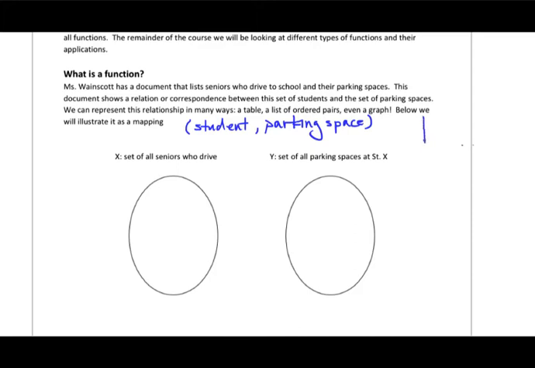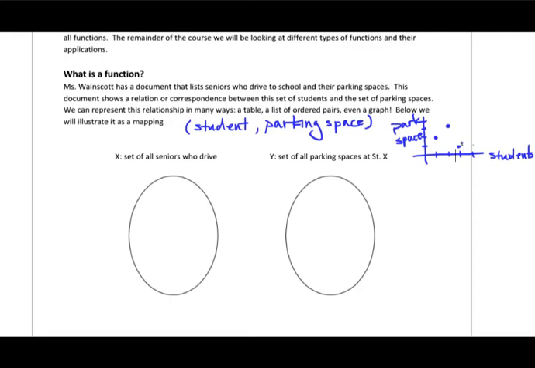We could make a chart and plot this, with students on this axis, a student name there, student name there, student name there, and then the parking space numbers. So we could even graph it, and each student would correspond with a parking space. It might not mean anything, but we could graph that.